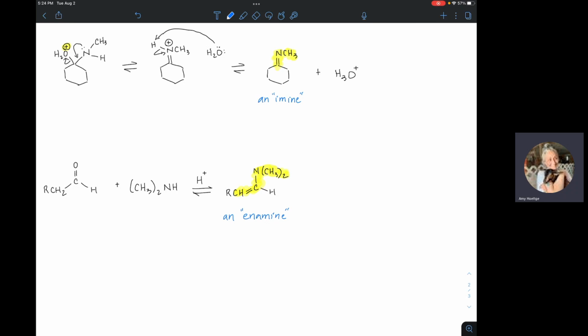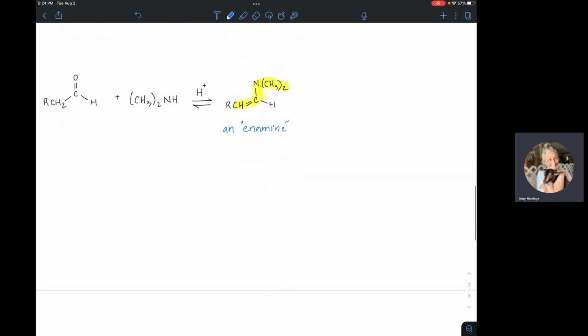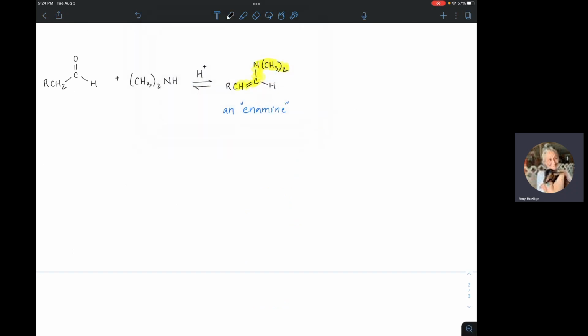which we can absolutely do further chemistry on. The mechanism is sort of similar to that of the imine formation, right? So similar to the imine formation, we're going to attack with the amine. Here's my secondary amine.